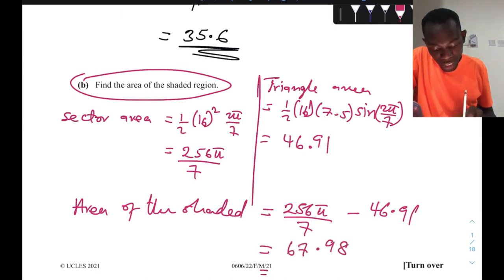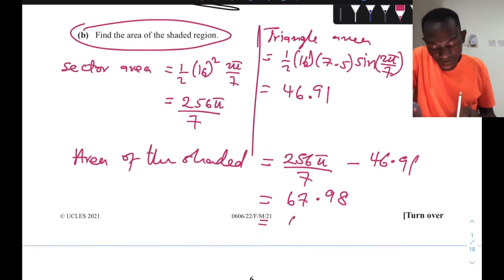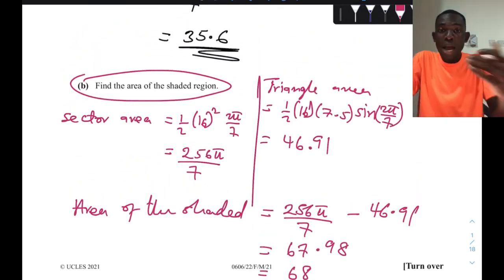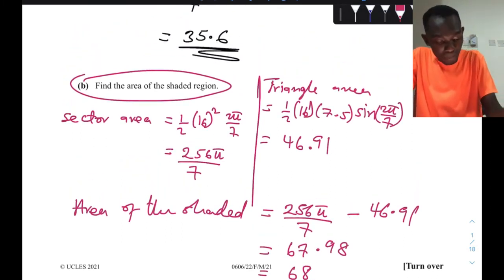So roughly I can say that we'll get about 68, correct to 3 significant figures. That is cool. So that's how to go about questions like this.